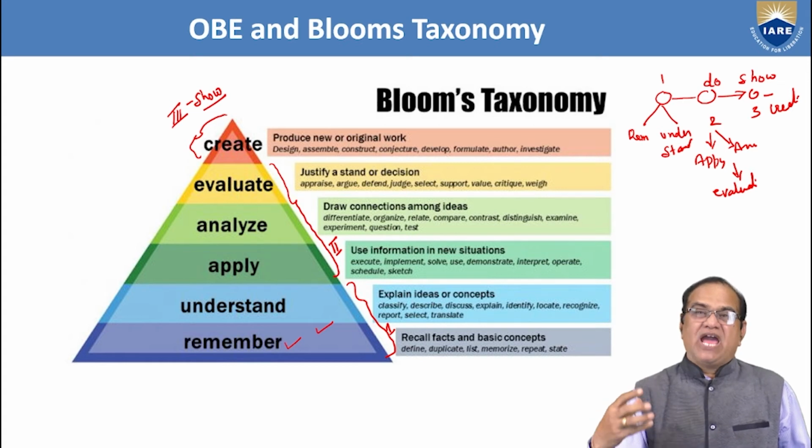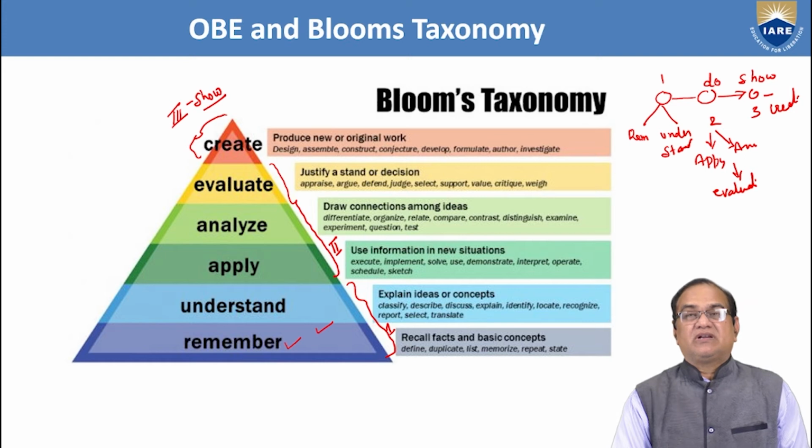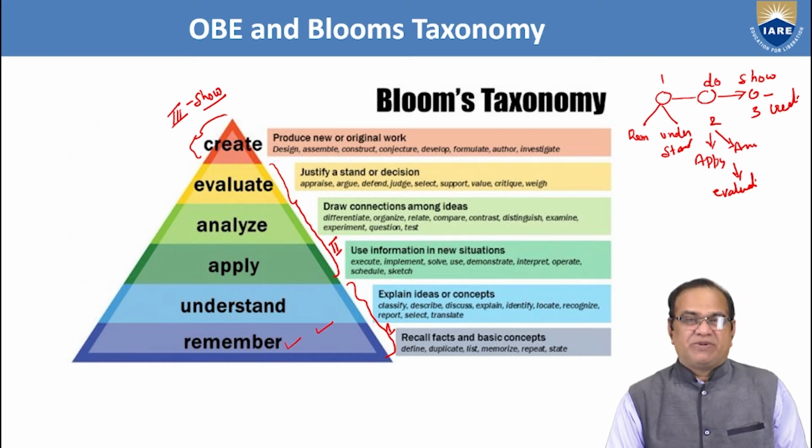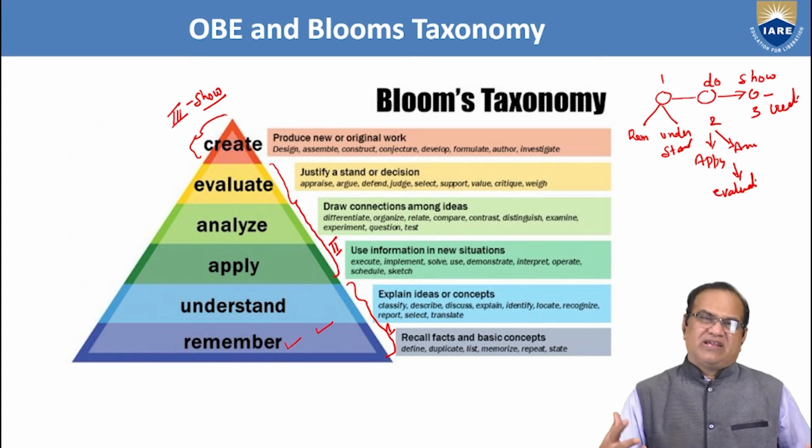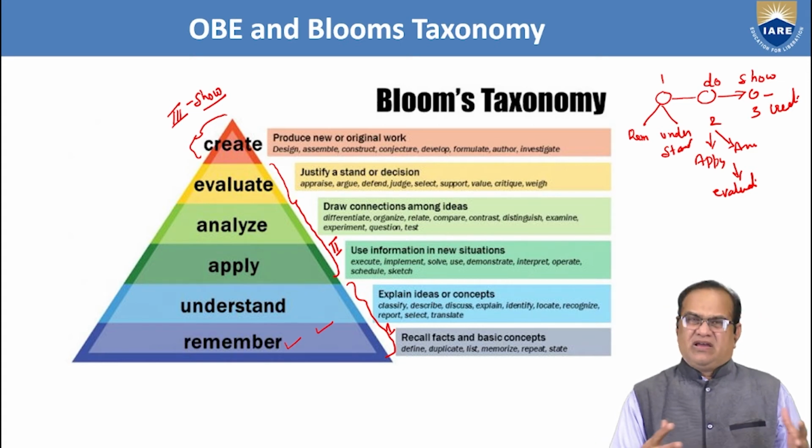So, we should have such type of thing in which students should be able to author some papers, some chapters, some articles in newspaper, or our college magazines. They should be able to write on a particular topic. So this is the Bloom's taxonomy, and hope it will be very useful for the students, and you all have to go in the same line and try to develop this idea.